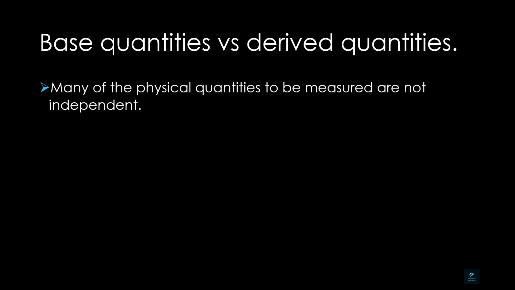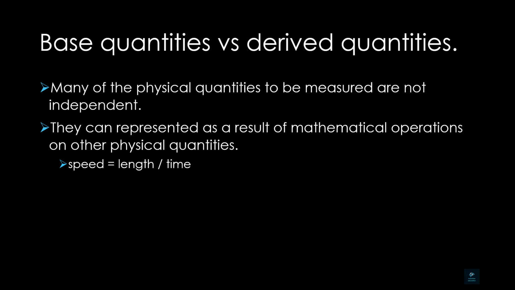Now, there are many physical quantities to be measured, and most of them are not independent. They can be represented as a result of mathematical operations on other physical quantities. For example, speed can be expressed as a ratio of length and time. These physical quantities which are dependent on other quantities are called derived quantities.